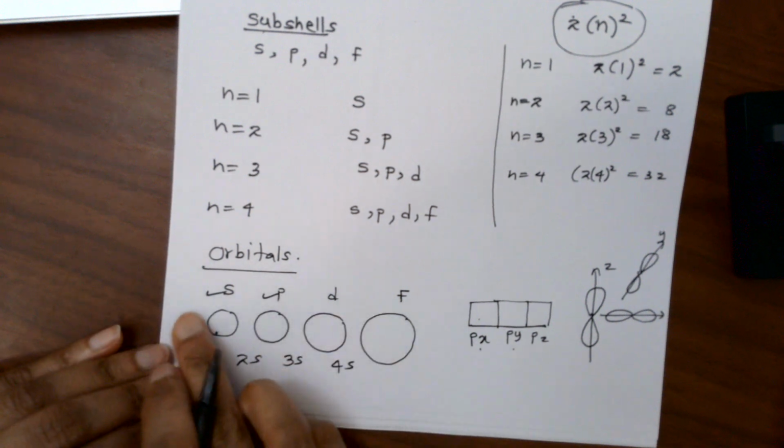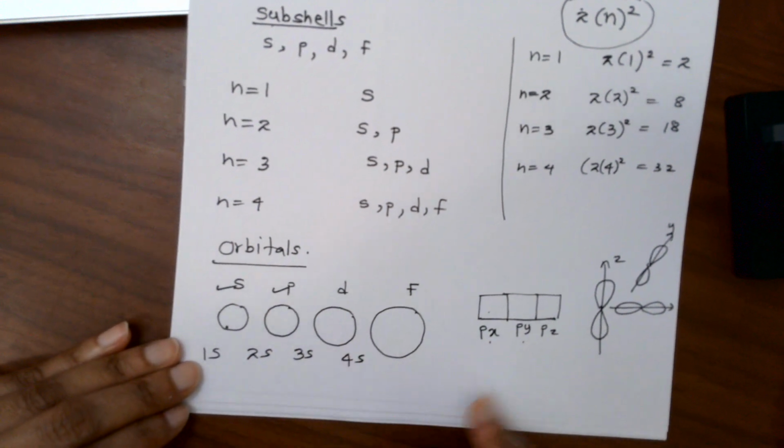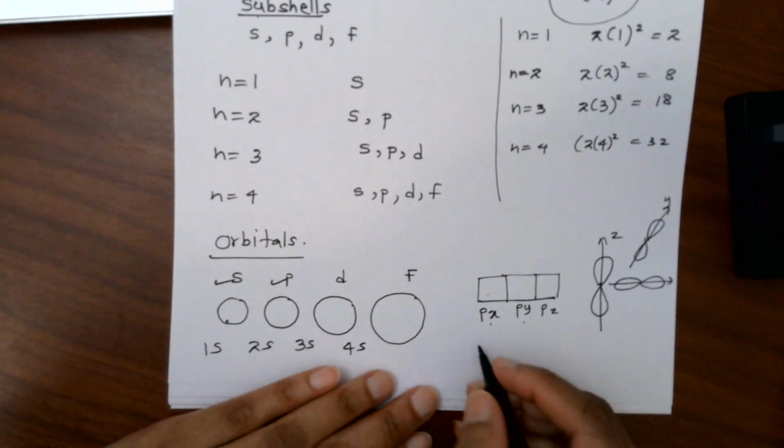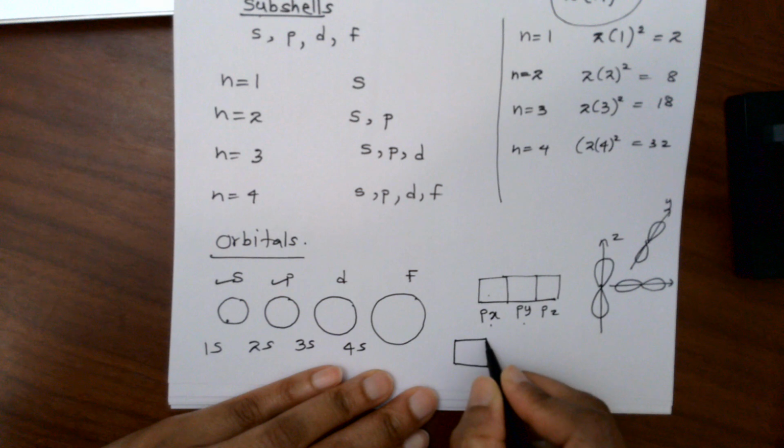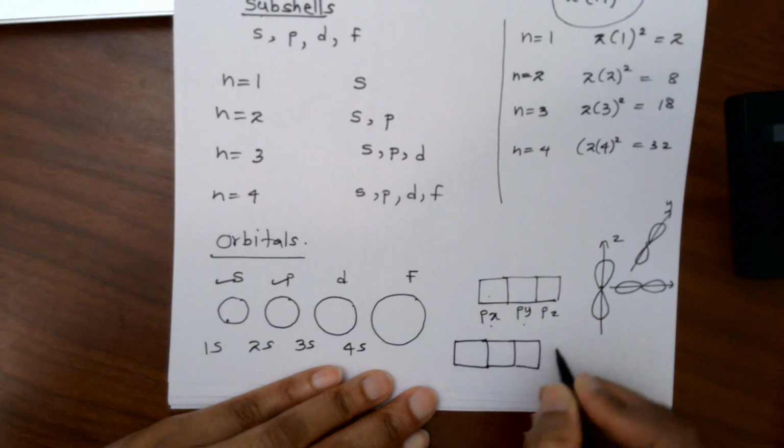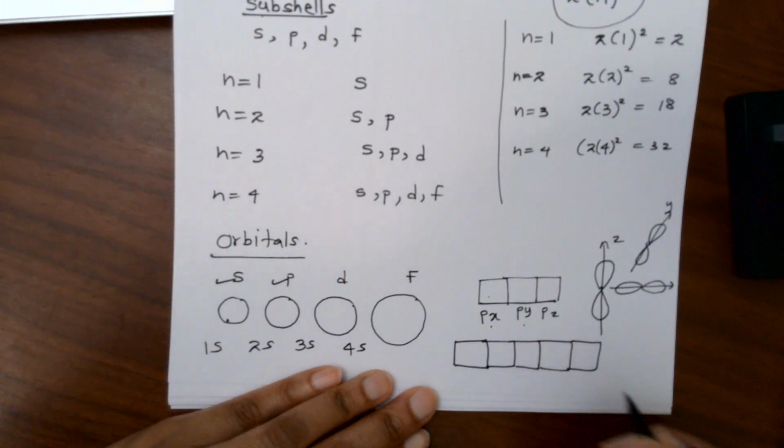Now let's talk about d orbitals. D orbitals, like p orbitals, exist as a set, but a set of 5. So let's draw 5 boxes.